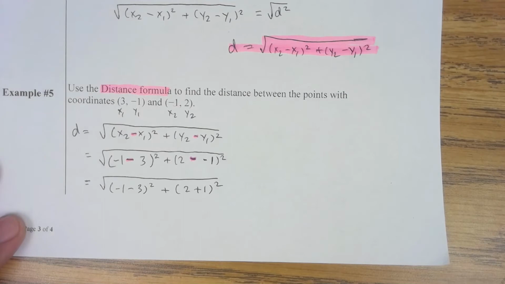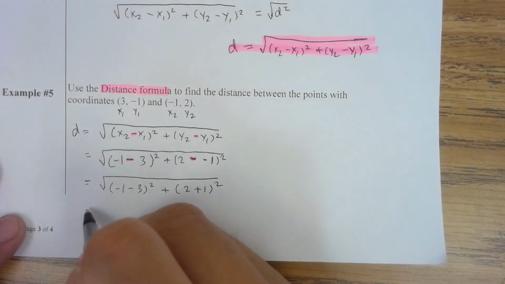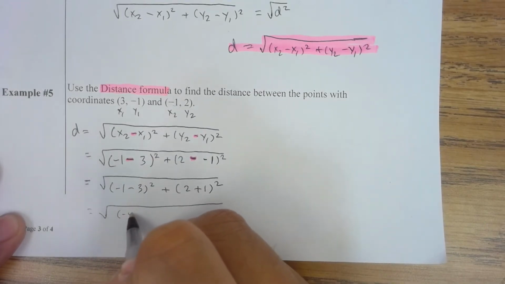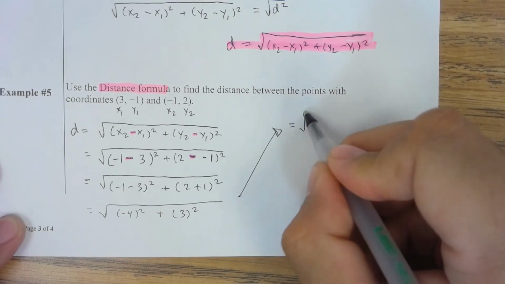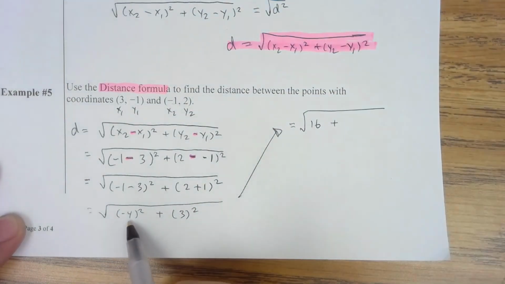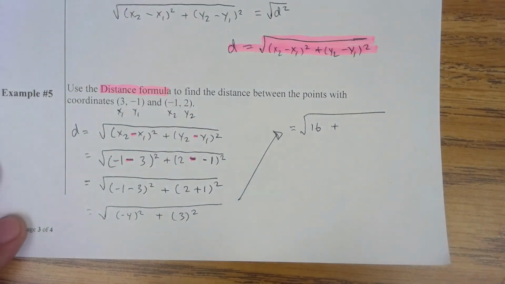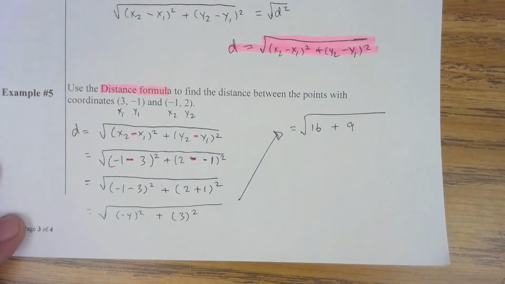Now we go ahead and do what we need to do. Negative 1, negative 3 together gives you negative 4. 2 plus 1 right here gives me 3. Negative 4 squared right here gives you 16, because negative 4 times negative 4 becomes positive, so that'll give you 16 here. 3 squared gives you 9. 3 times 3 is 9.